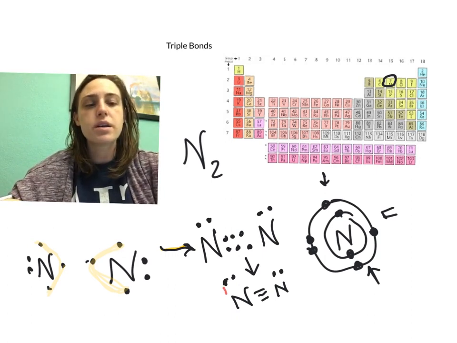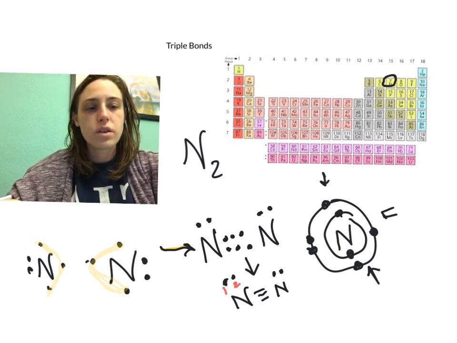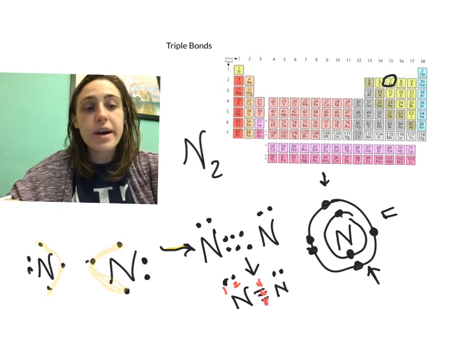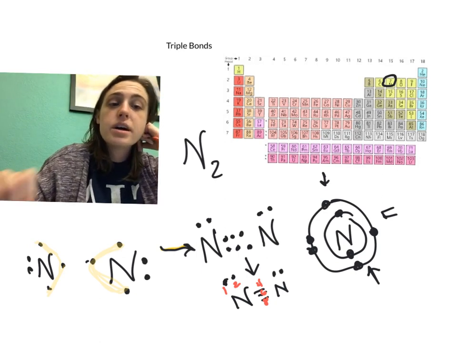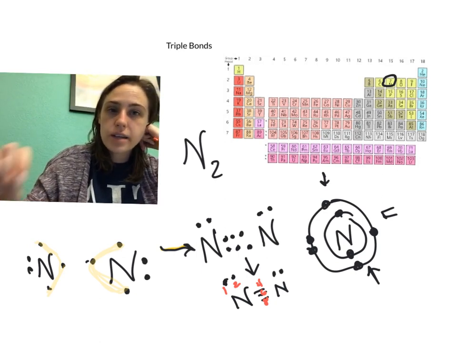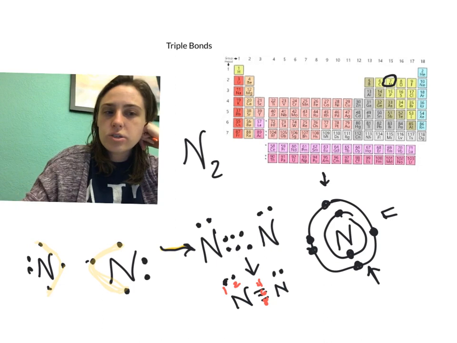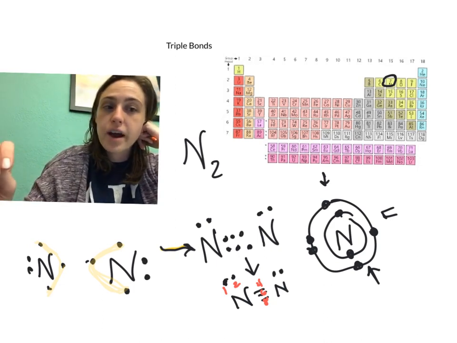So 1, 2, 3, 4. I have 4 with this first one, 5, 6 with the second one, and then 7, 8. So I got 8. I could do the same thing on the other side, and we know it's going to add up. As long as you are counting those lines as 2 electrons, you can check your work if you're not sure that you're getting it completely correct.